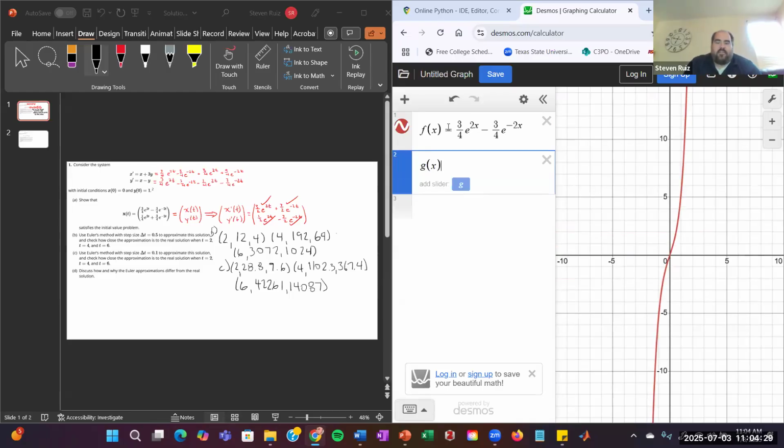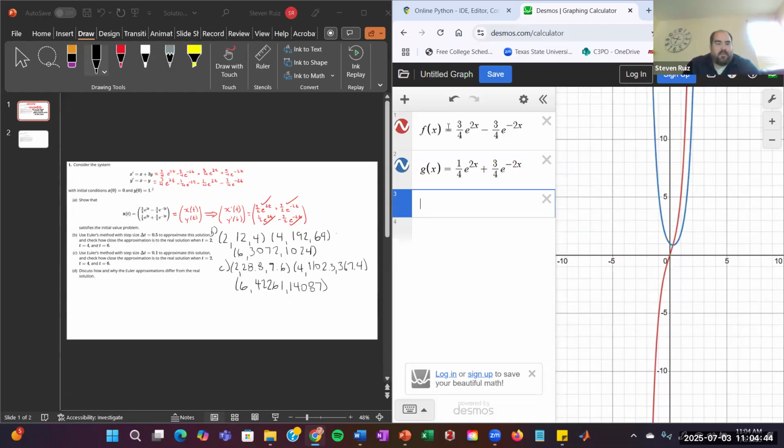And then g of x equals 1/4 e to the 2x plus 3 over 4 e to the negative 2x. All right, so what's f of 2? What's g of 2? At these values, now I'm led to believe that neither one of my approximations are all that good.